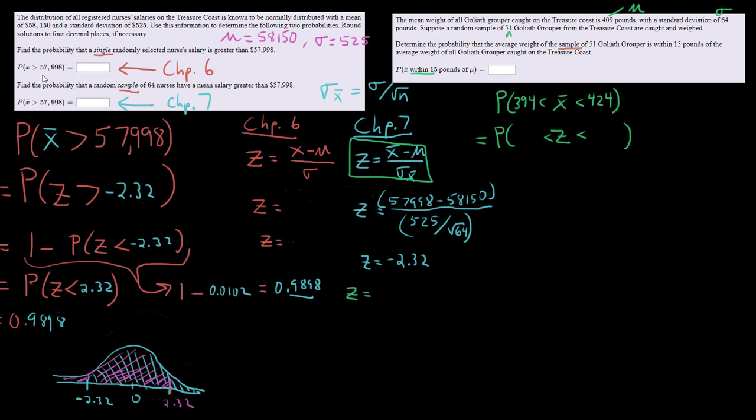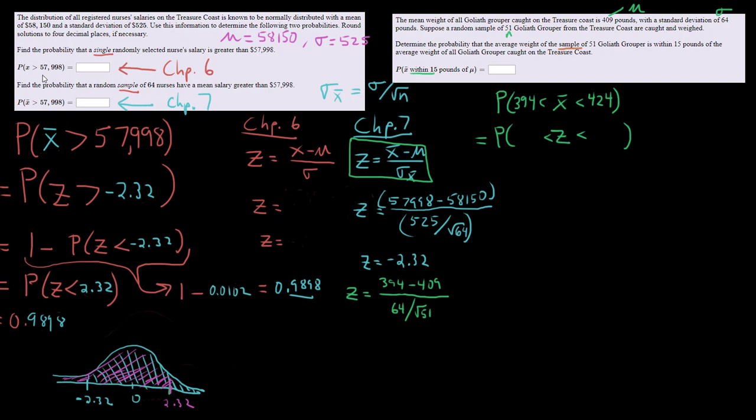So let's do that down here. Let's do the first one. It's going to be 394, x bar, minus the mean, which is 409, over the SEM, the standard error, which is sigma 64, over the square root of sample size 51.